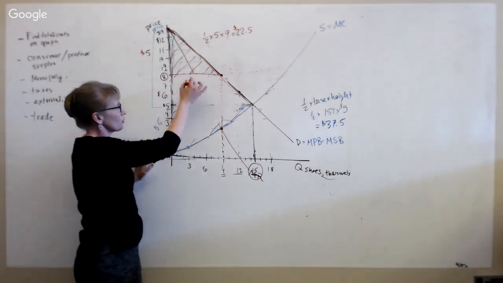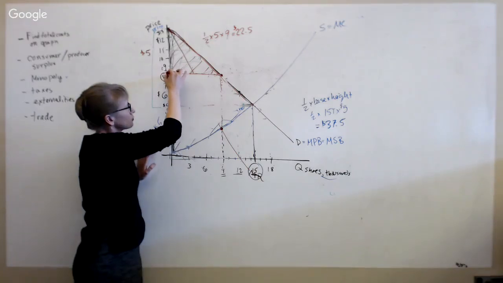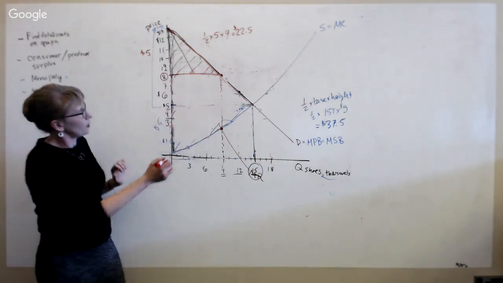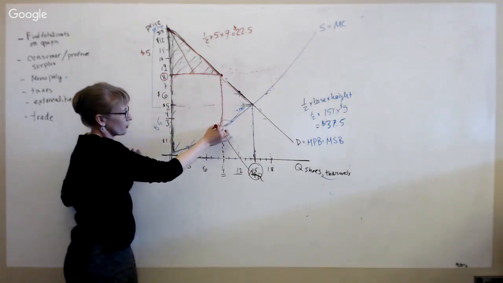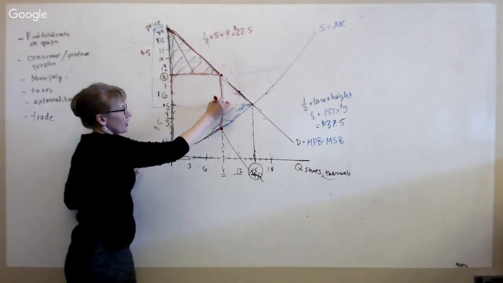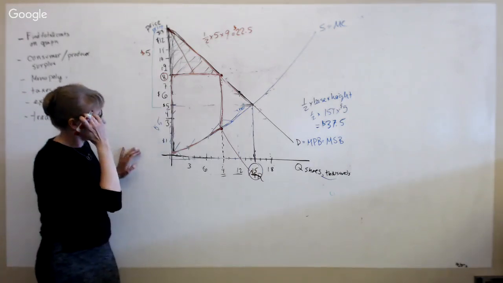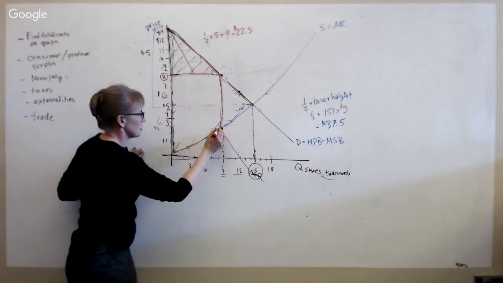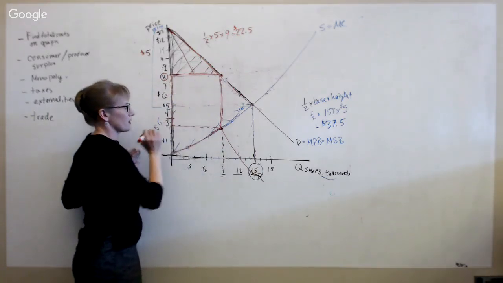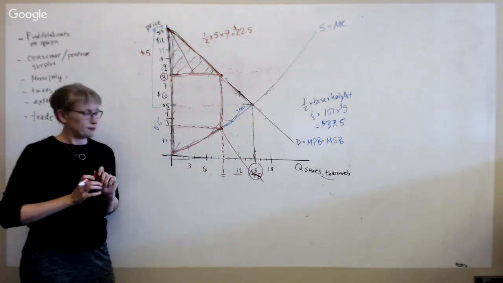But now our producer surplus looks a little bit funny. Our producers collect the area underneath the price all the way down to the supply curve, and it's this funny Nevada-shaped area right here. So what I usually do is I cut this into 2 pieces. I'm going to find the area of this square and the area of this triangle right here.